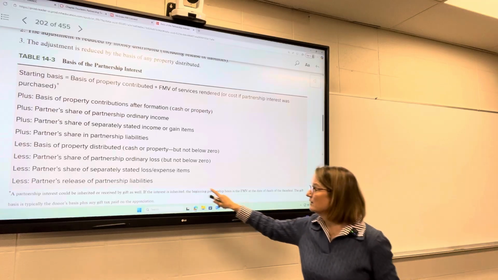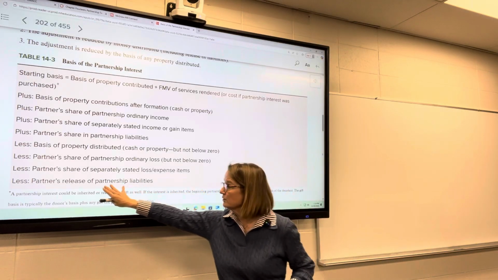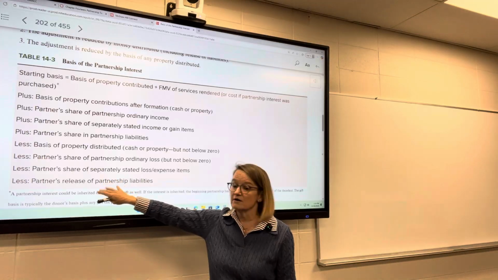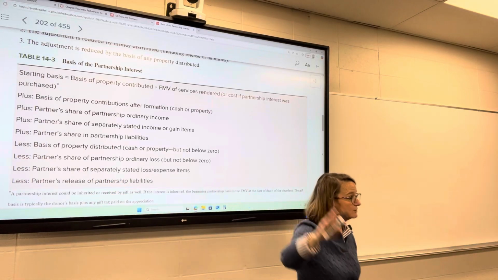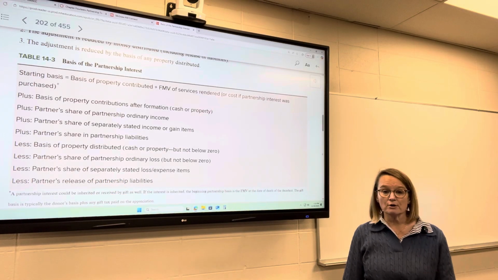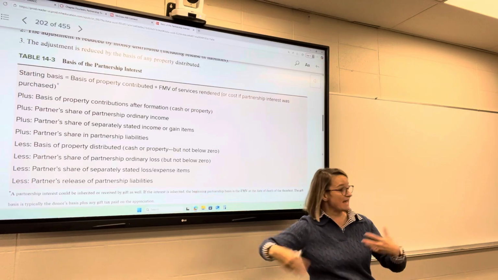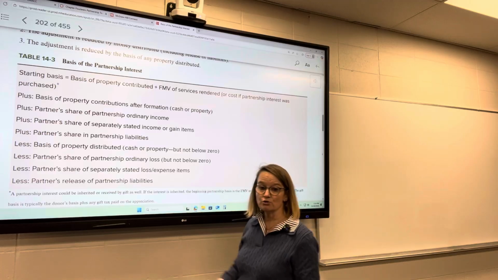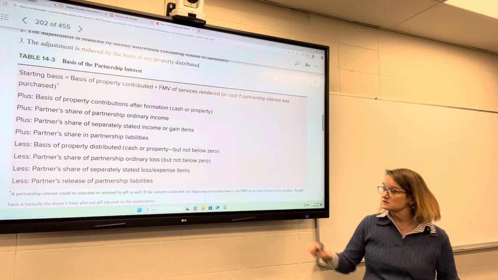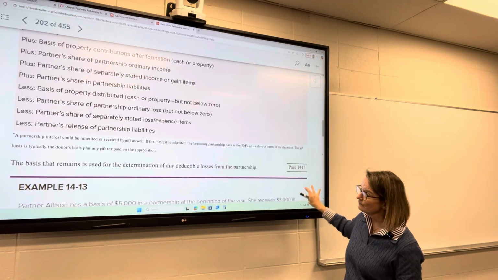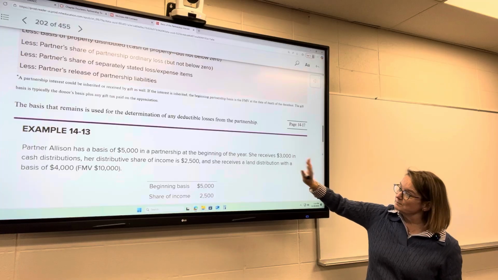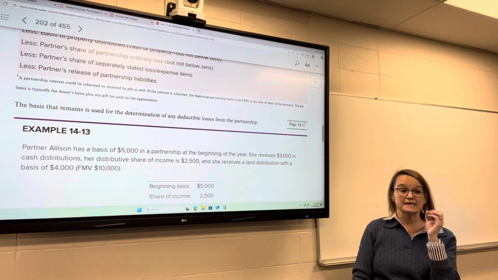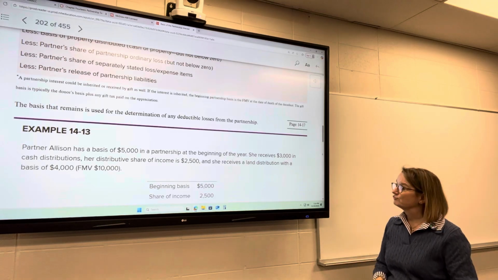Here we're talking about that partner, if you recall in this scenario, when they were released of that partnership liability, that reduced their beginning basis in the partnership. Well, even if that happens after original formation of a partnership, that is still going to reduce their basis in the partnership. So basis that remains is used for the determination of any deductible losses from the partnership.